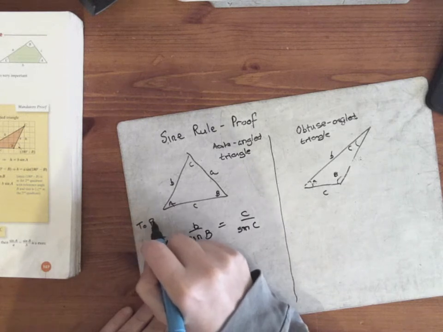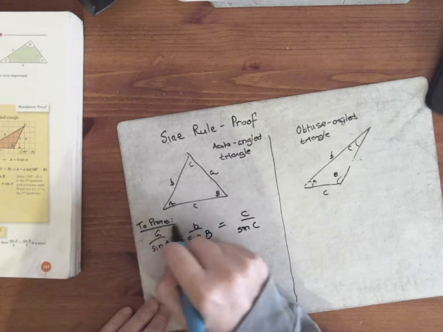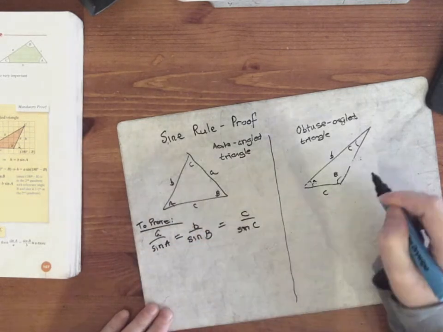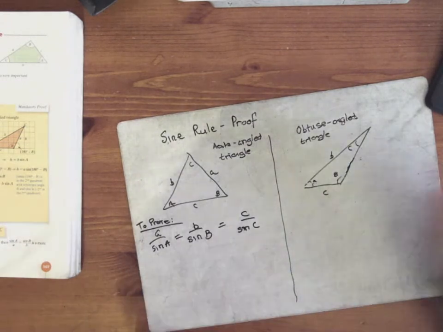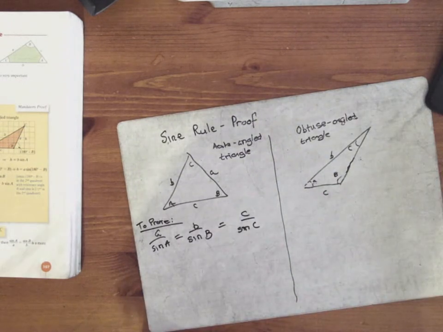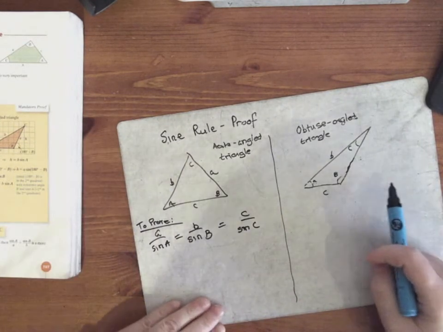Okay, and you have to do it in 2 scenarios. So we prove it in an acute angle triangle and in an obtuse angle triangle, because they're the 2 possibilities that will come up.